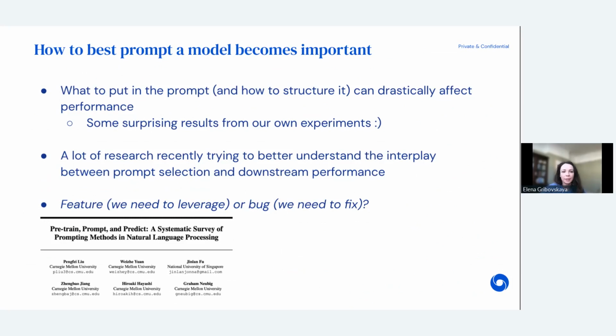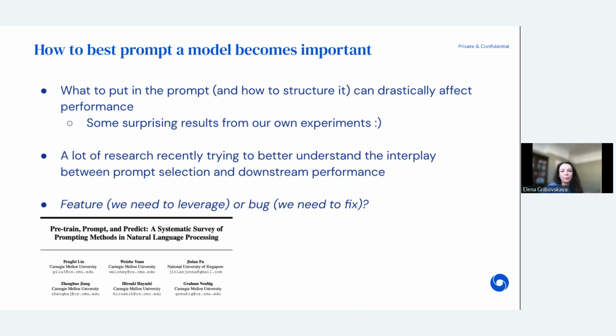And then this nice paper shown here provides a systematic survey of various approaches to learn to better prompt language models. I think there are basically two views on this problem of the sensitivity of the results to the prompt.